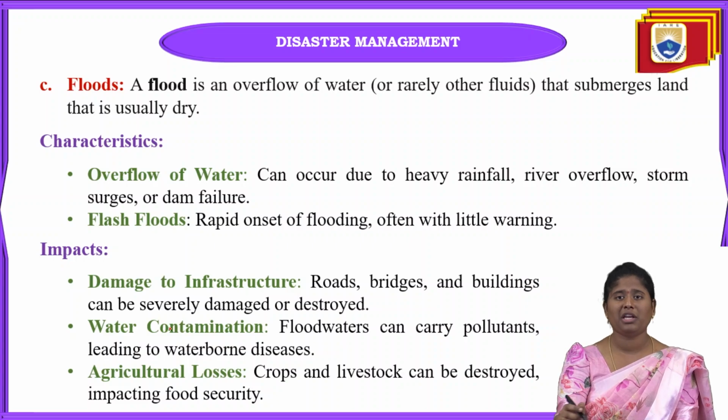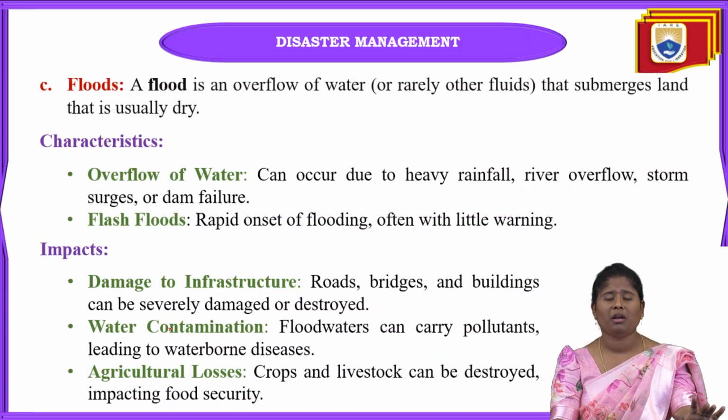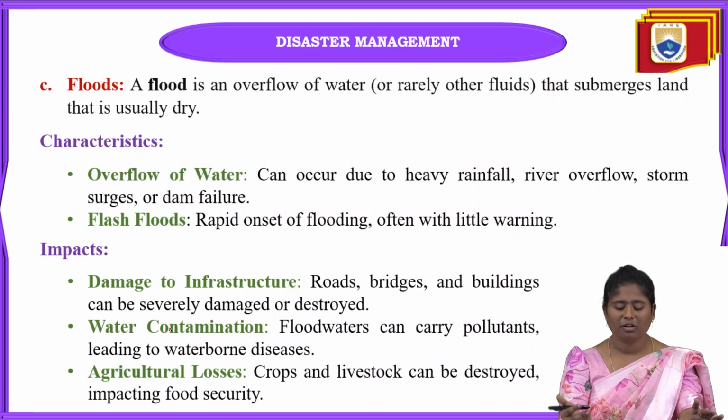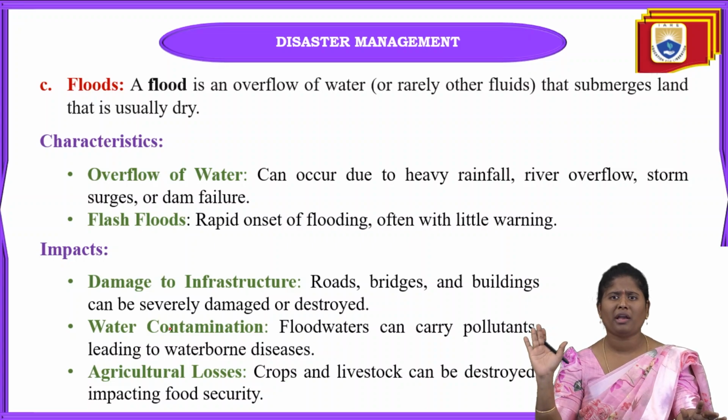And what are the main impacts of these floods on society? First, damage to infrastructure. If floods occur, the overall livelihood of the people is going to be destroyed, whether it is electricity wires, buildings, bridges, roads, or transportation facilities, which are totally damaged, or the water will just flush out everything.